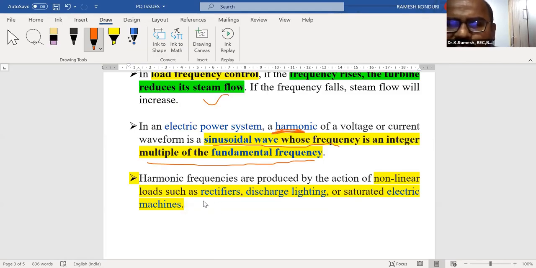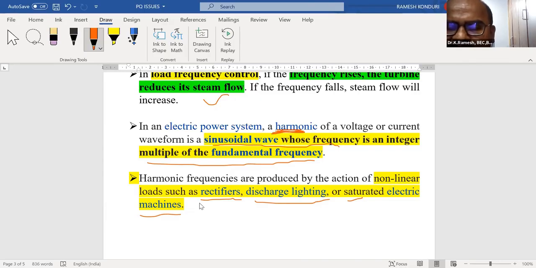What are the examples of non-linear loads? We have rectifiers, discharge lighting, and saturated electrical machines. If you take the saturation curve of a DC generator or an alternator, at the time of starting, if you go on increasing the excitation, that is, if you go on increasing the flux, the corresponding EMF generated will be linear up to a certain extent.